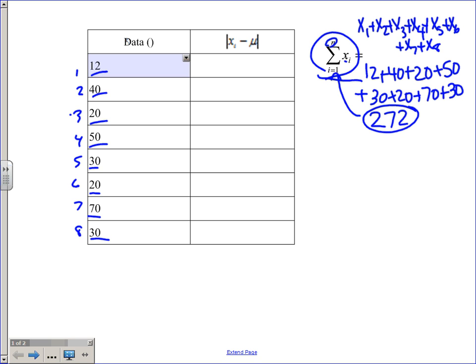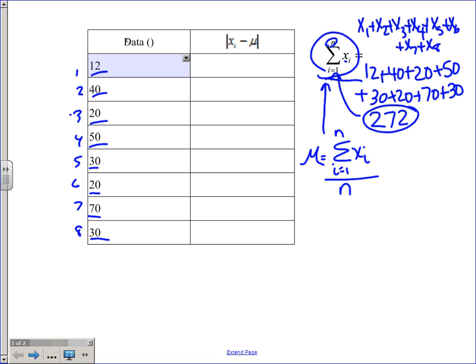Now, the reason I would even do that, the reason I would add all those up, is that in order to calculate mean absolute deviation, I've got to know what the mean is, or the mu. So what is the mu? Well, the mu is this. It's all of my data points from 1 to n added up together and divided by the total number of data points I have.